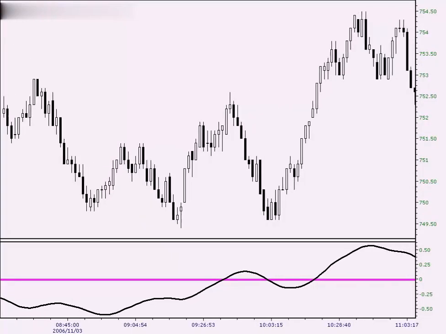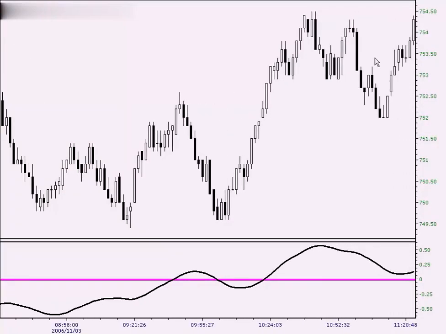So we got our higher high. Okay, look what happened up here. High, a little bit of a lower high, and that's confirmed by momentum. Just a slight little wave pattern there. Not a lot, just a little bit.